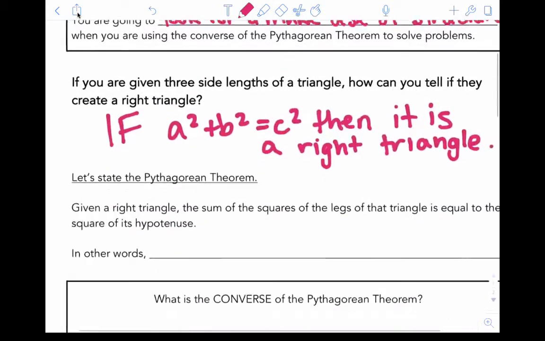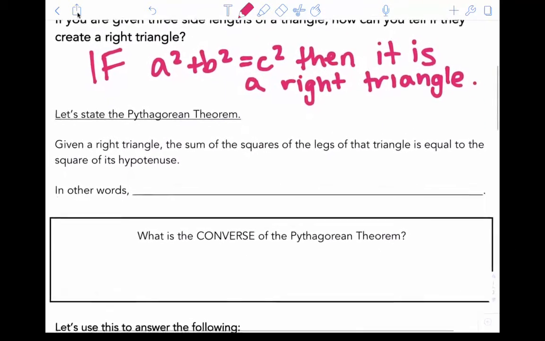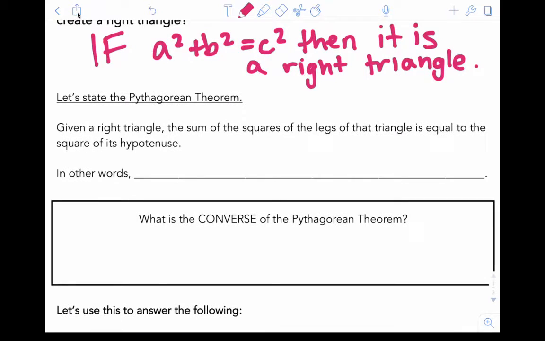So let's take a moment to think about the Pythagorean theorem. It states that given a right triangle, the sum of the squares of the legs of that triangle is equal to the square of its hypotenuse.